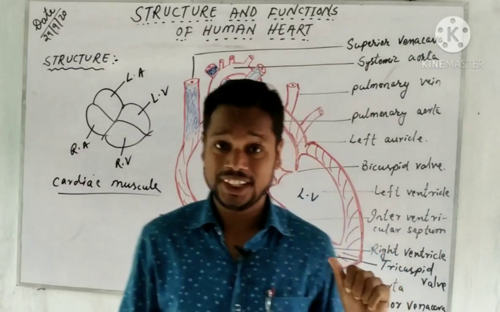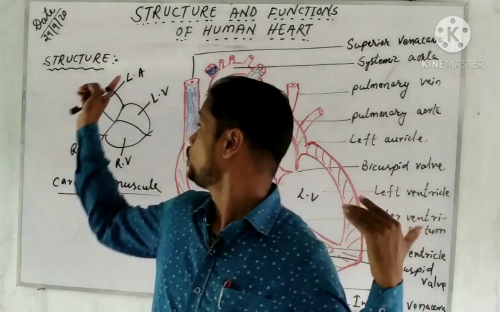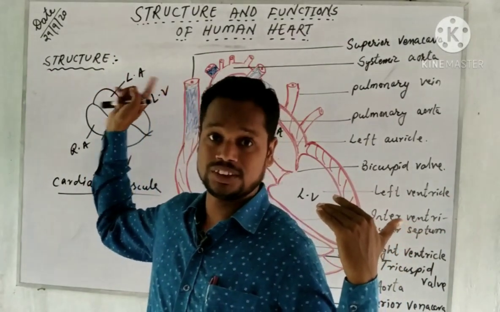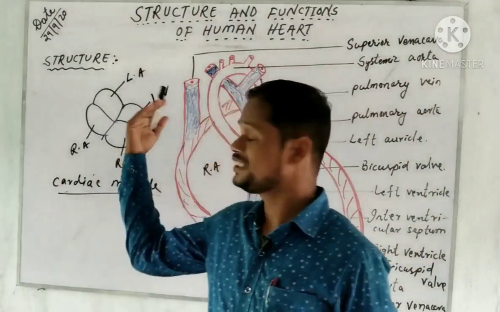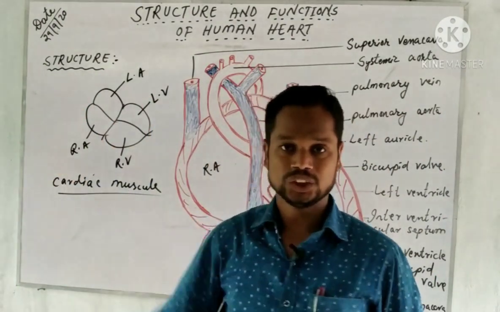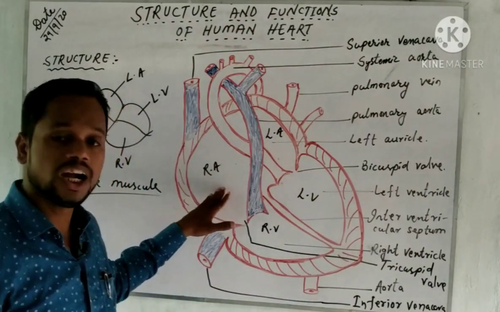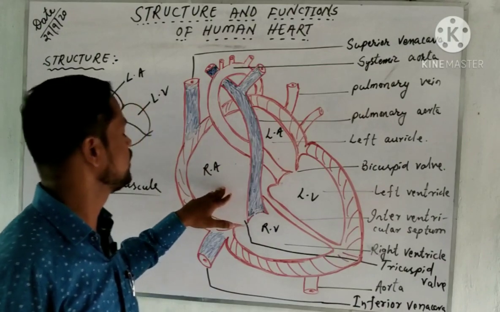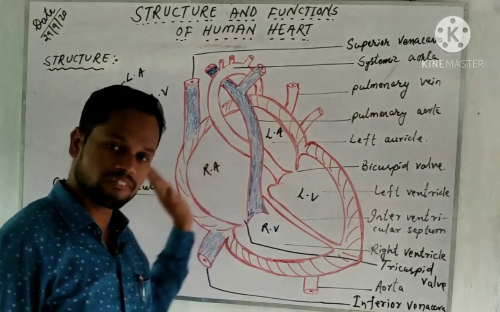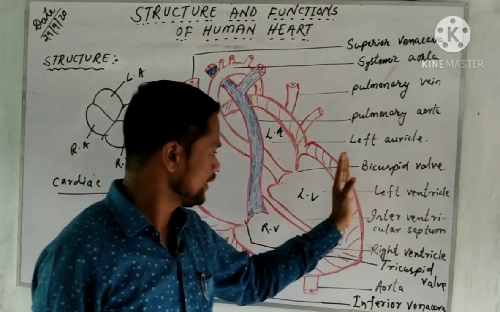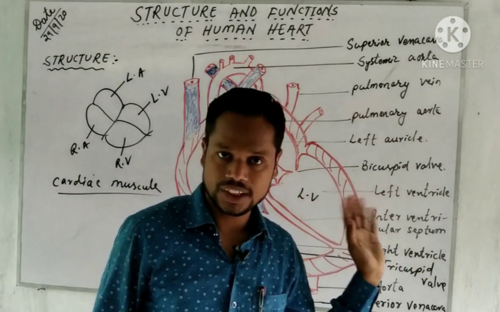When I stand like this, if my heart is present here, this will be my left side. So I have written here left. This side of the heart is left and this side is right. The heart contains two upper chambers, the auricles, left auricle and right auricle. Similarly, it contains two ventricles, left ventricle and right ventricle.